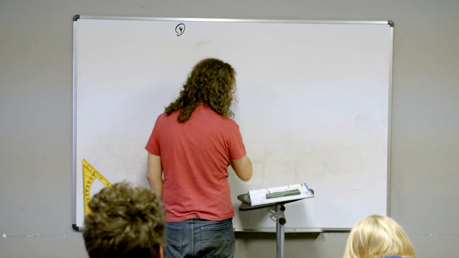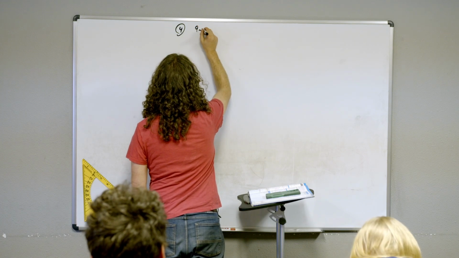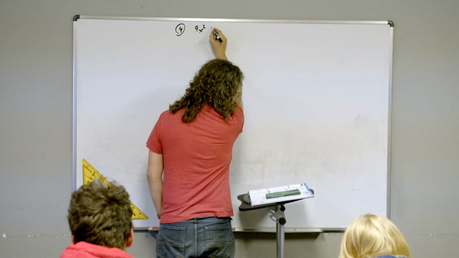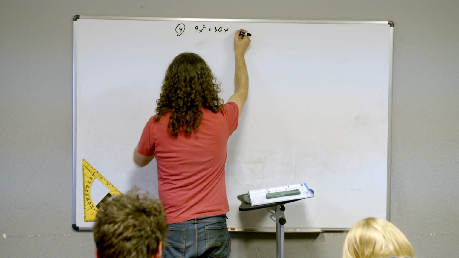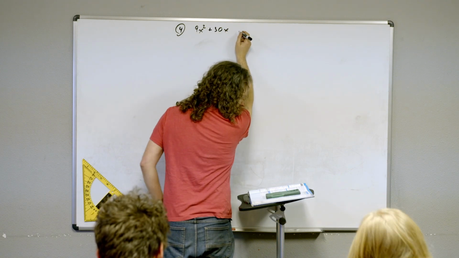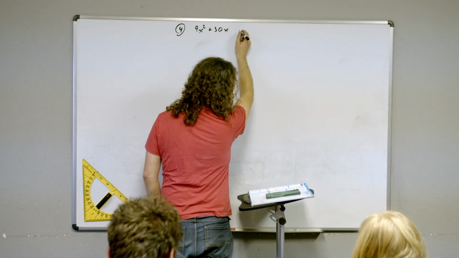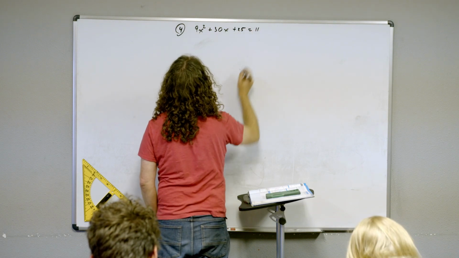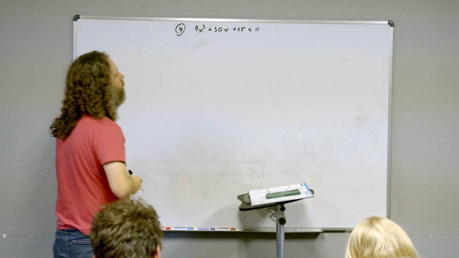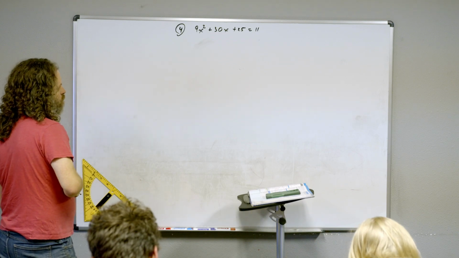Number 4 is 9x squared plus 30x, excuse me, plus 25 equals 11. Take away 25. Yep.